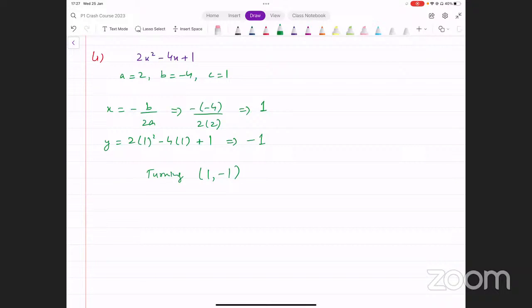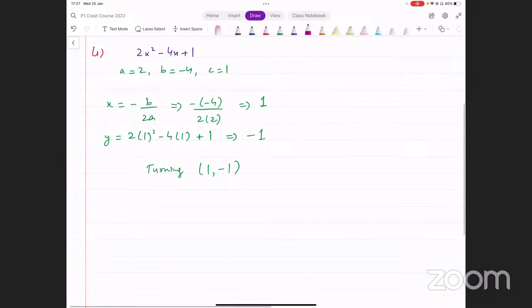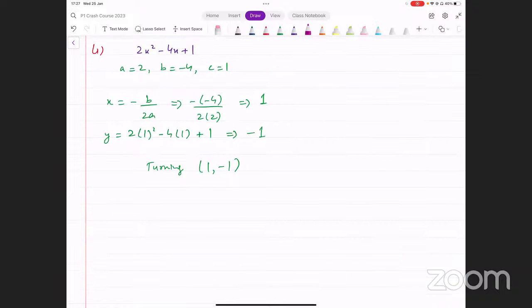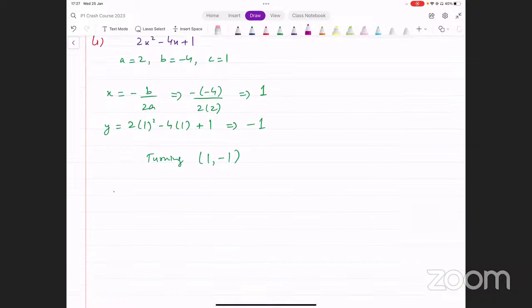Okay. Now, since we need to write it in the completed square form, remember the standard completed square form. It looks like this. Y equals a into x minus h whole squared plus k. Now, what's the value of h? H is this. This is k.